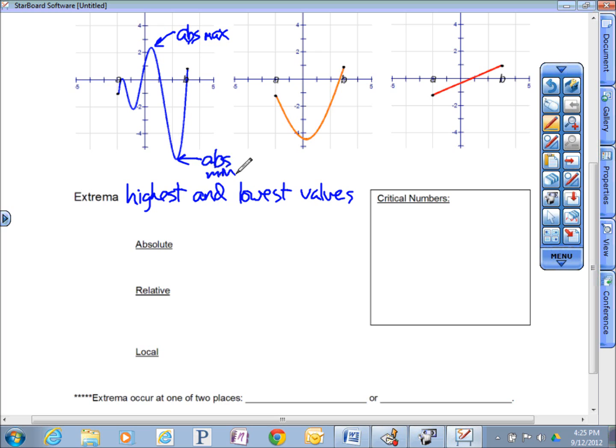Look at the orange one. Here's your absolute minimum, and here's your absolute maximum. Look at the red one. Well, the red one doesn't have any personality. It's just a straight line. Absolute minimum, absolute maximum. So looking at graphs like that, absolute means there's nothing higher or lower.